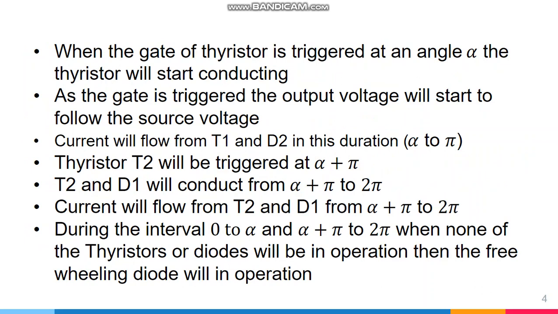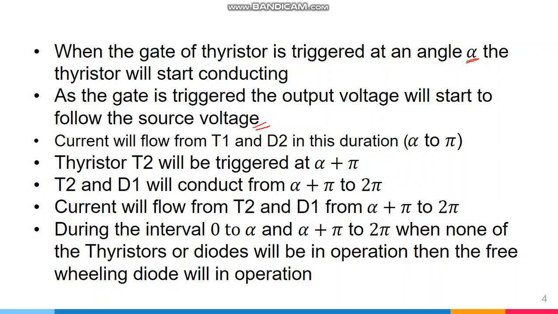When the gate of the thyristor is triggered at angle alpha, the thyristor will start conducting. As the gate is triggered, the output voltage will start to follow the source voltage. We have seen this point many times in our previous lectures as well.